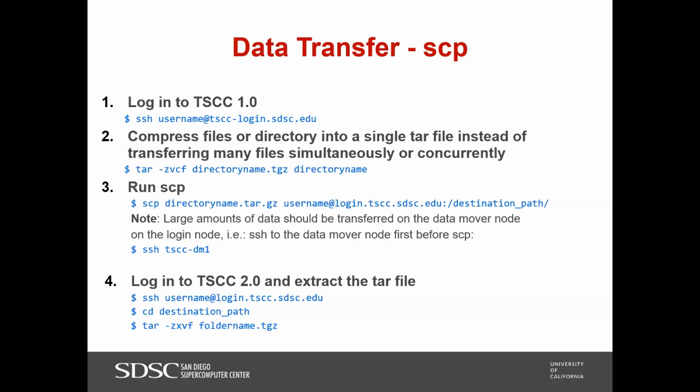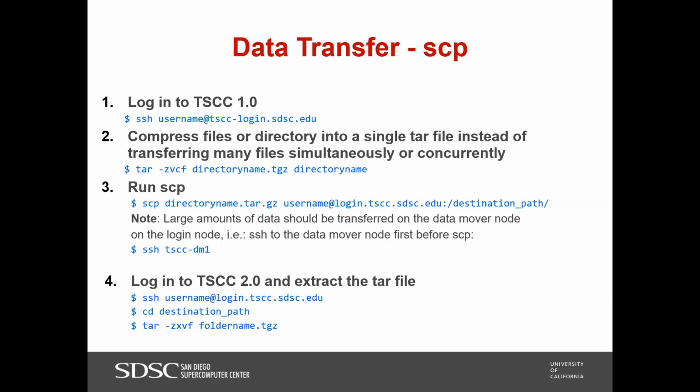Please note the destination is your TSCC account at the host name of the TSCC2, and you also need to include the destination path. If your file transfers are large, please consider using the data mover node rather than the login node. You can SSH to tscc-dm1, which is the host name of the data mover node, and then start your SCP command there.